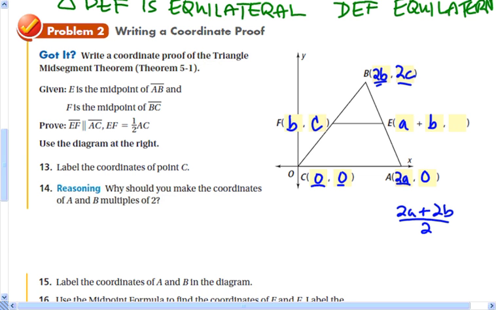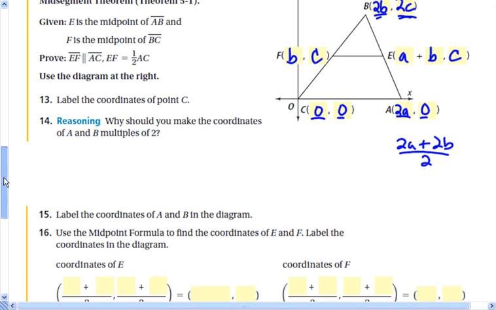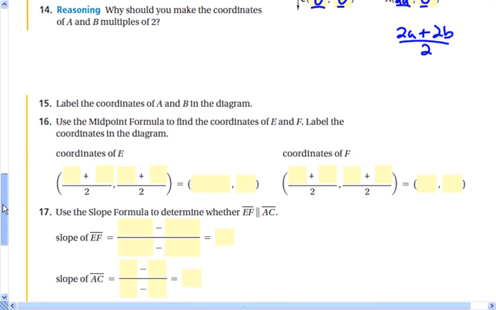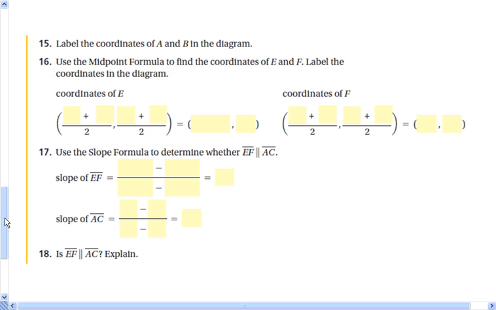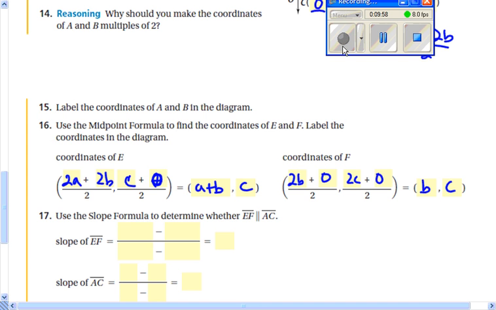And then the other one is 2c plus 0, divided by 2 is just c. So there's my coordinates. I'll fill those in quickly.